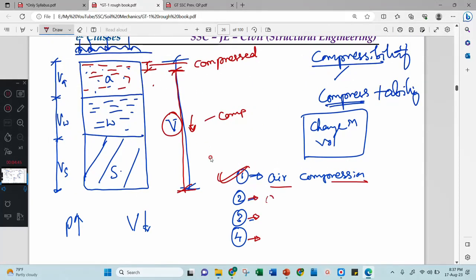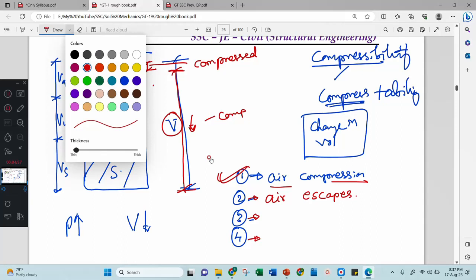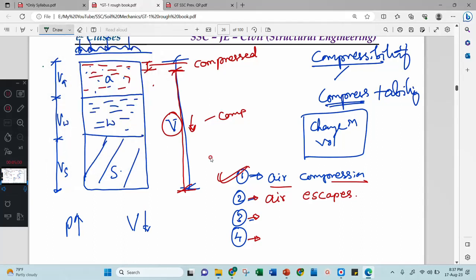The second reason is air escapes. Voids will decrease, is what you want to say. Voids means air and water, these two together are called voids. Particularly, I have answered two of these four, that is air compresses and air escapes. Again, this is a void only. Right?